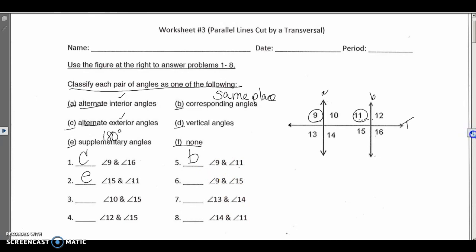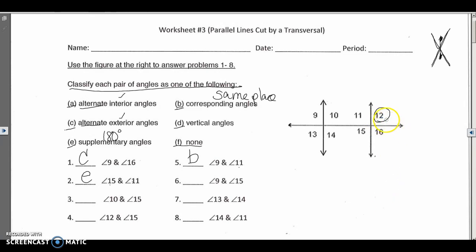Let's look at one more example, vertical angles, so we can be sure what those look like. Vertical angles, I always like to say, will form a V, 2 V's. Vertical angles are like this. If this and this were your angles, this side and this side are exactly the same because they're across from each other. Also, they form a V. Let's look here at angle 12.